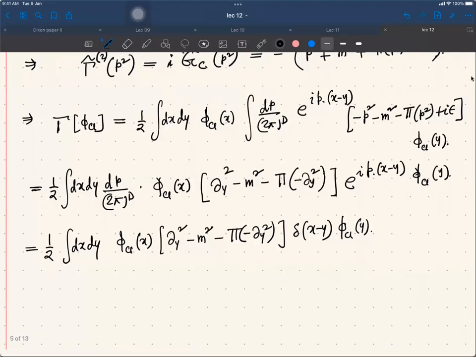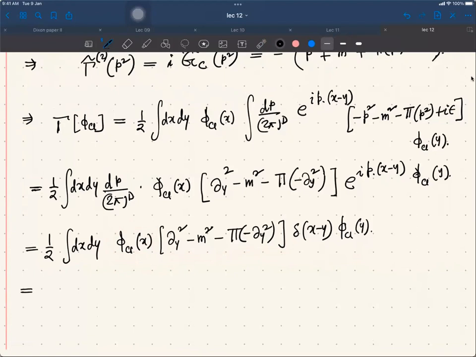Now, to calculate this expression, the best way to do this, I think, is this: the operator depends only on y, and therefore it does not act on φ(x). So the integral over φ(x) can go through this operator.